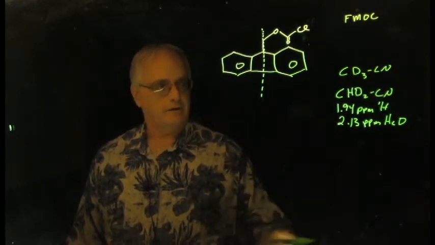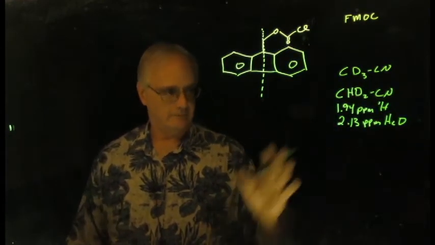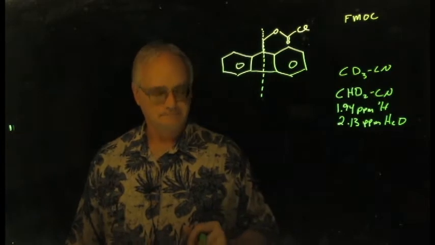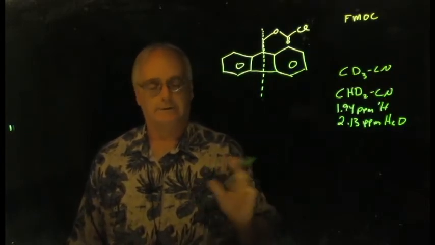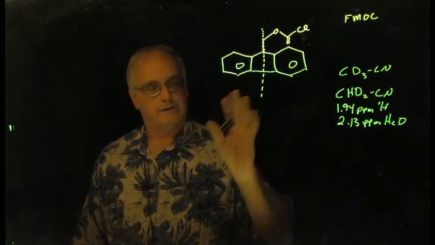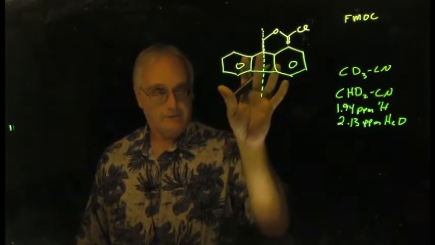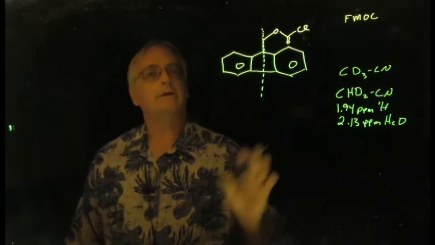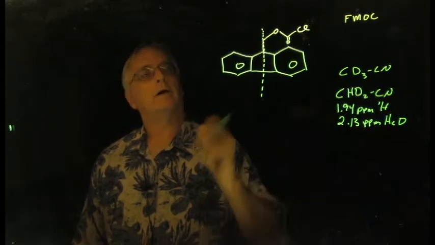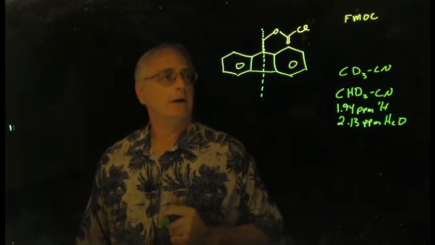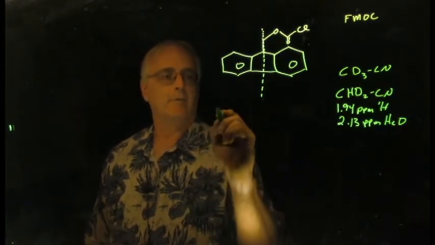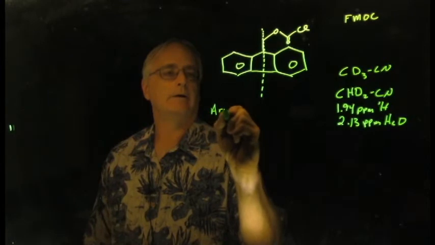Once we have these peaks, solvent and residual solvent peak and water, out of the way, and any other common contaminants, I'll talk about those a little bit later, we examine the spectrum and the structure and see if they match up. So looking at the structure for a moment, the most obvious thing is that this is an aromatic molecule.